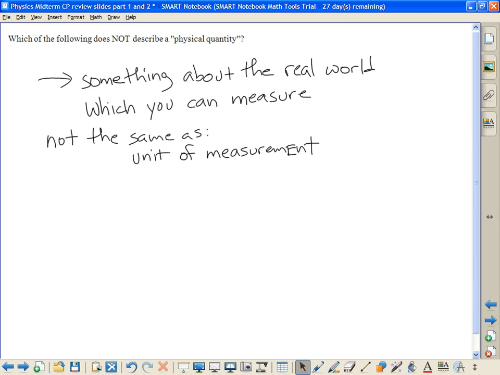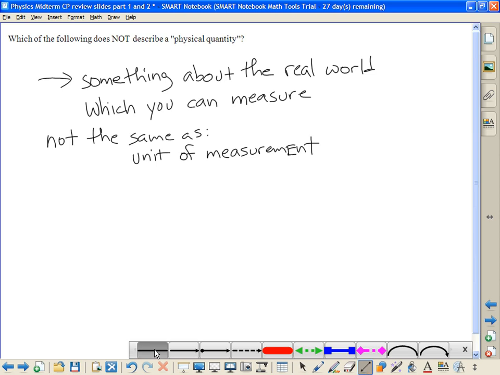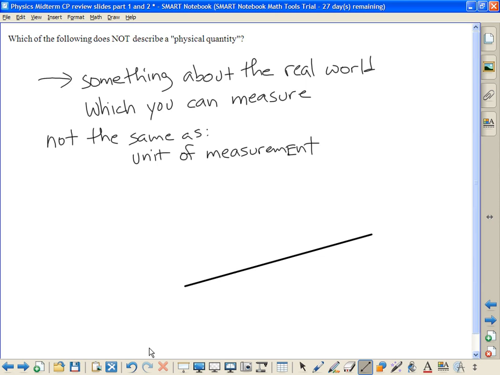A physical quantity might be something like the length of this line as it appears on the screen. Here to here. That is something about the real world which you could measure.